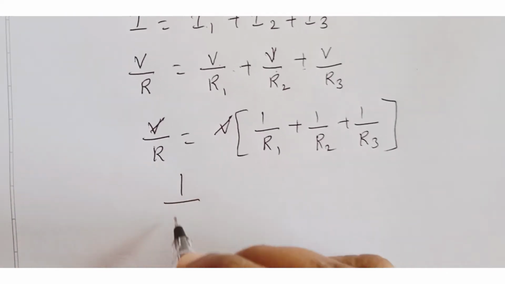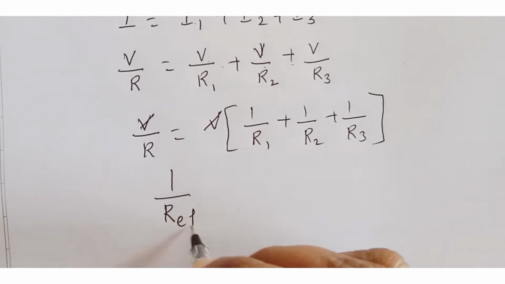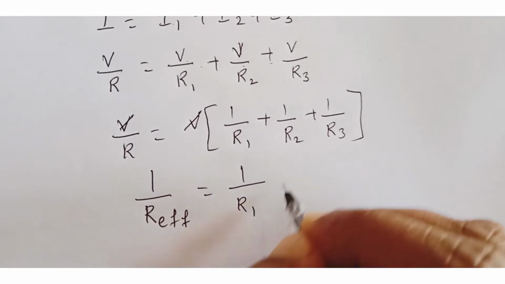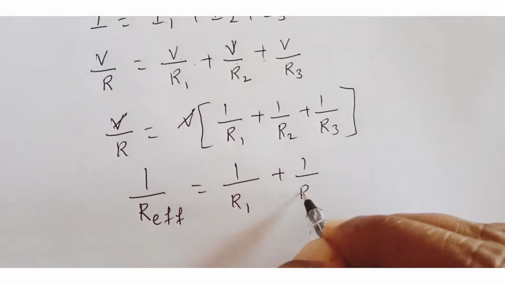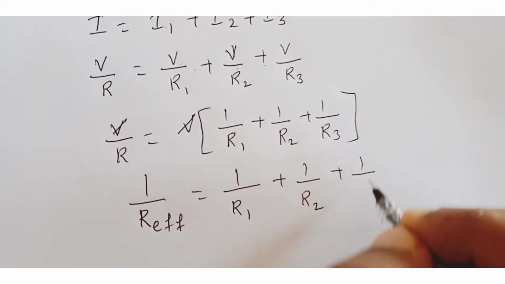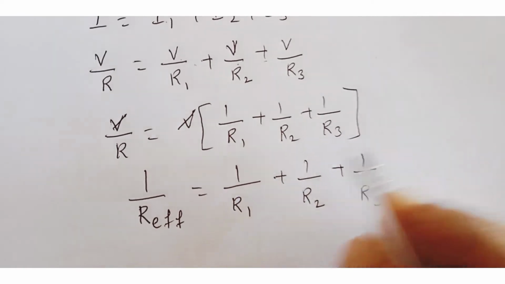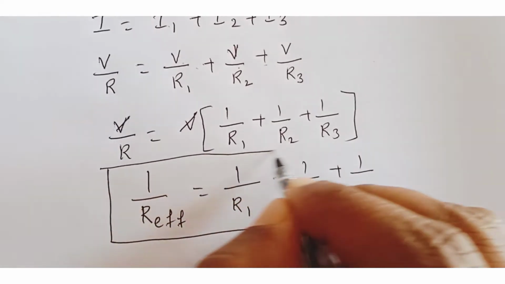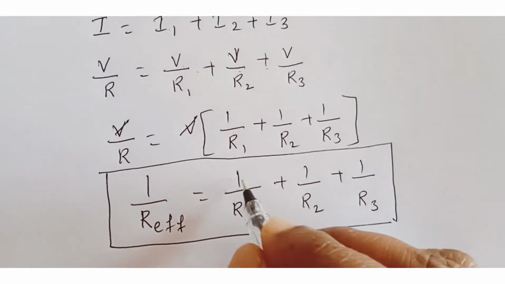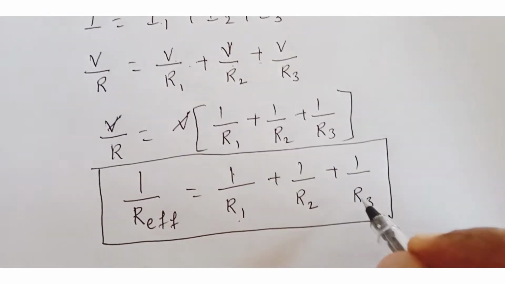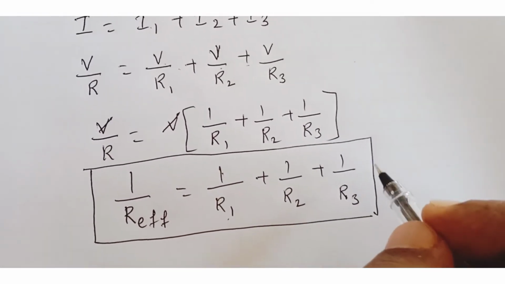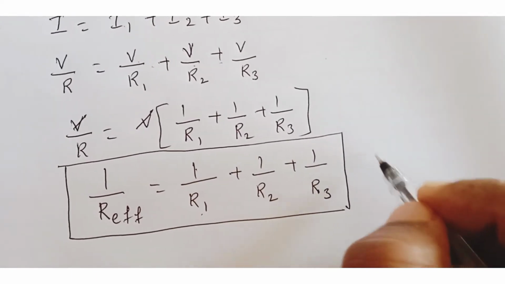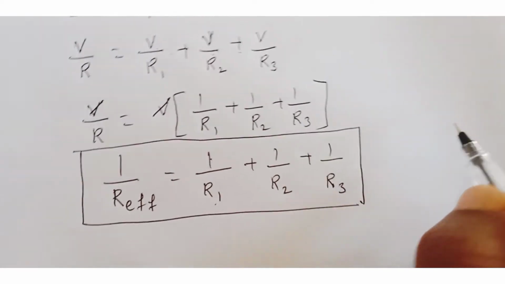The effective resistance of resistors connected in parallel: I take only 3 resistors, that's why 1 by R1 plus 1 by R2 plus 1 by R3. Suppose we take 4 resistances, plus 1 by R4. Suppose we take 6 resistances: 1 by R4 plus 1 by R5 plus 1 by R6.